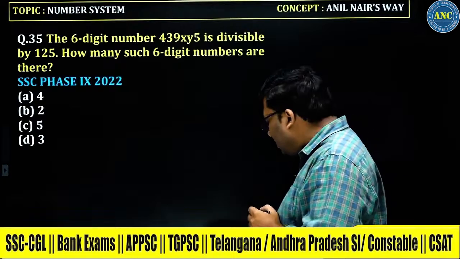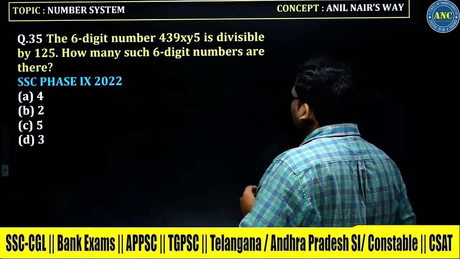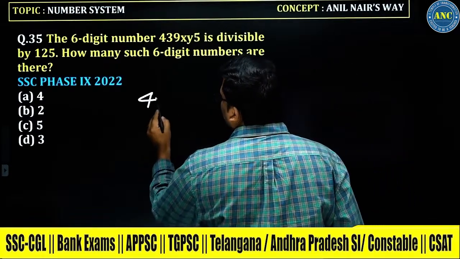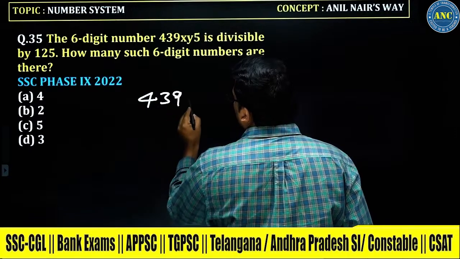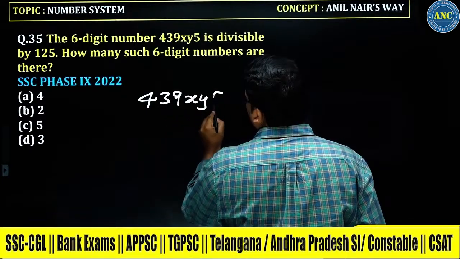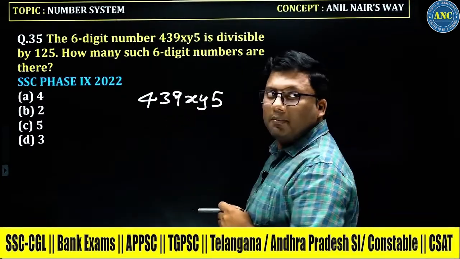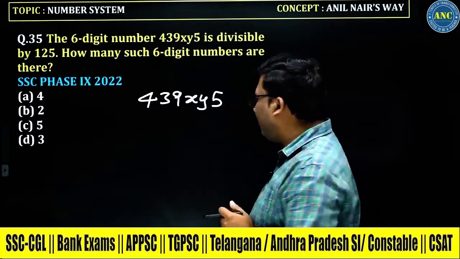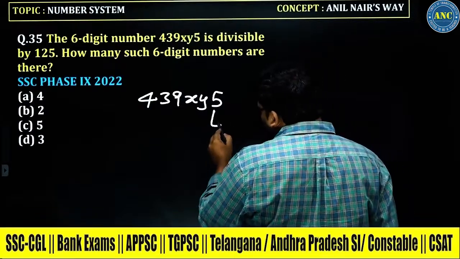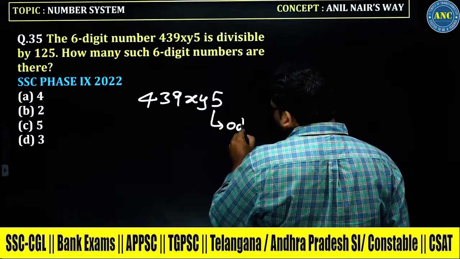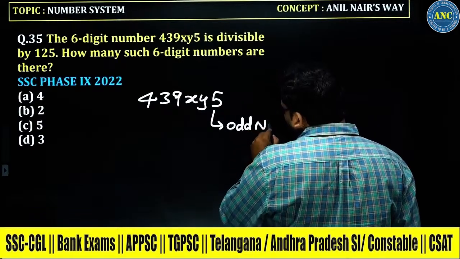Next one, there is a 6-digit number, 439XY5. The unit digit is 5. That means this is an odd number. If it were ending with an even digit, the number would have been even.